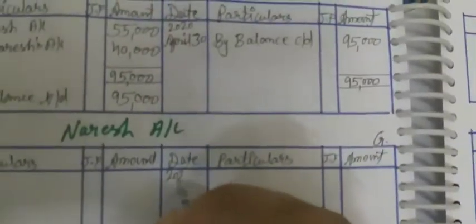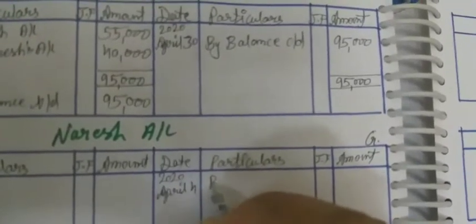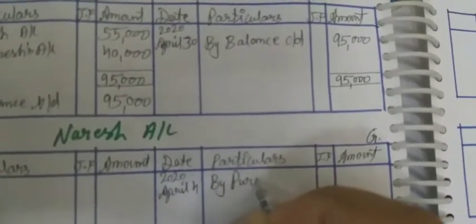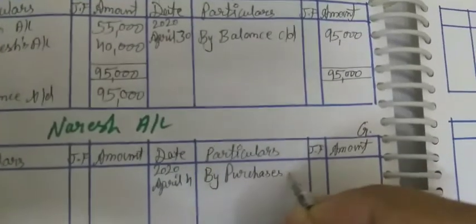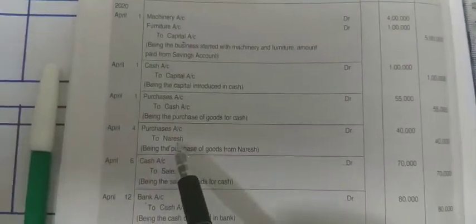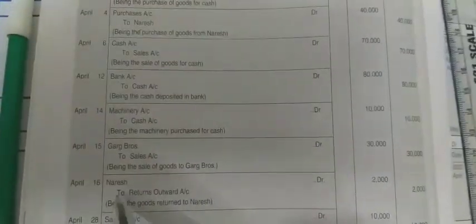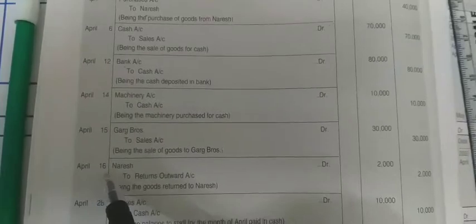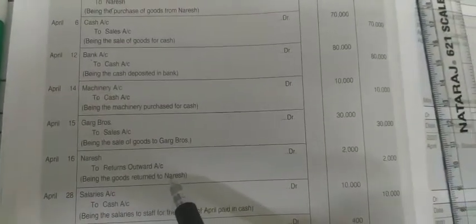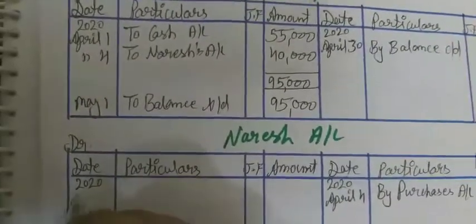So 2020 April 4th, by purchases account with rupees 40,000. After this, is there any other transaction related to Naresh? Yes, it is on April 16.